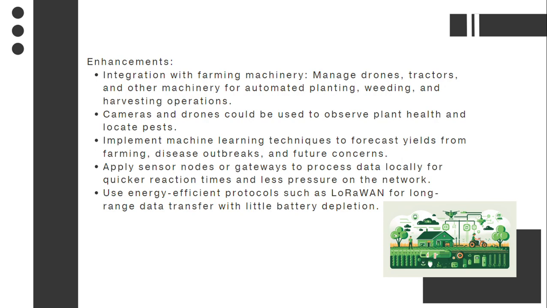Cameras and drones could be used to observe plant health and locate pests, like a CCTV.